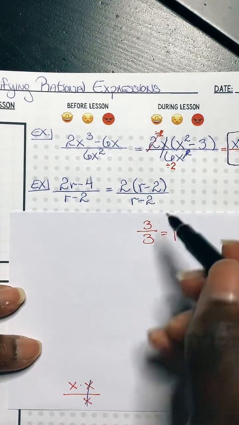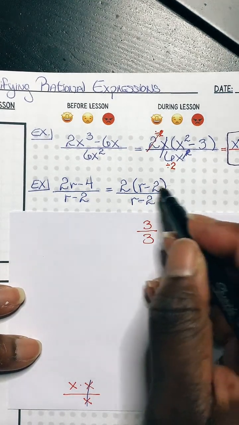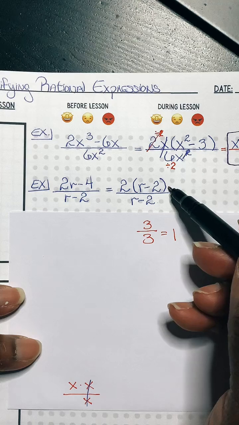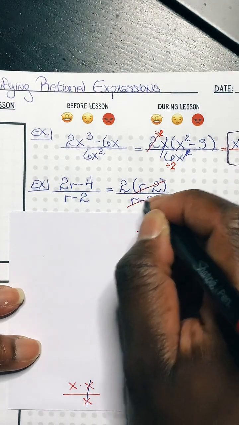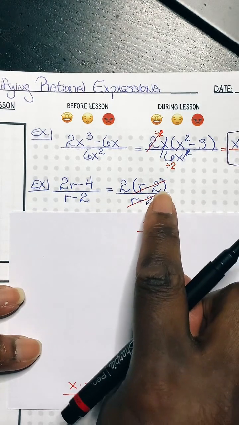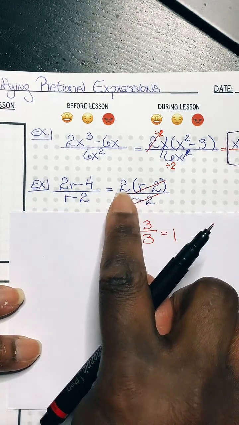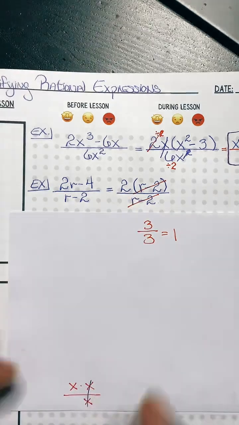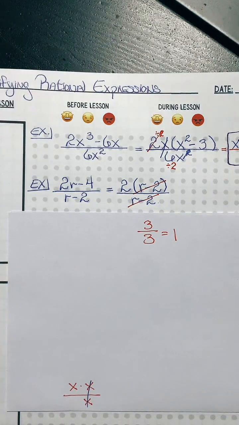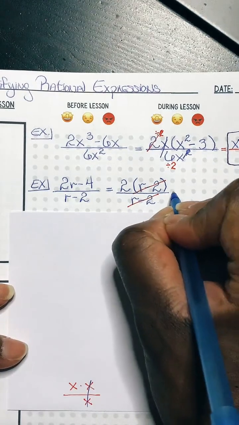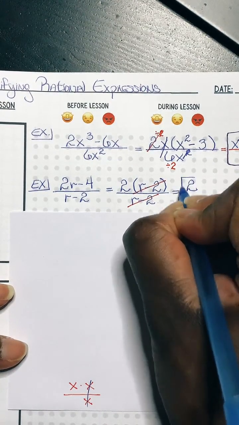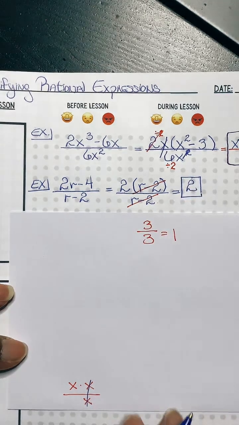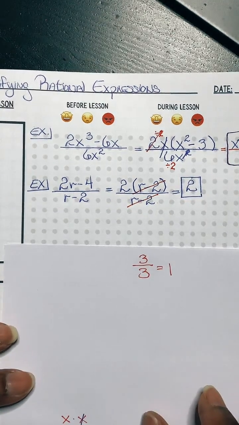That's important. They can't be both in the denominator or both in the numerator. One has to be in the numerator and one has to be in the denominator. So they will cancel out and give me 1. But 1 times anything is going to be itself. So instead of me doing 2 times 1, I could just simply bring the 2 over. And my answer is going to be 2.